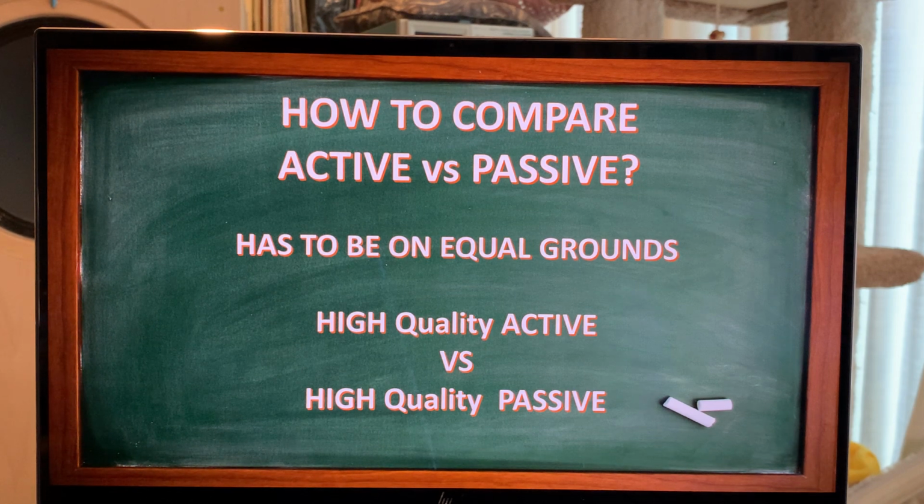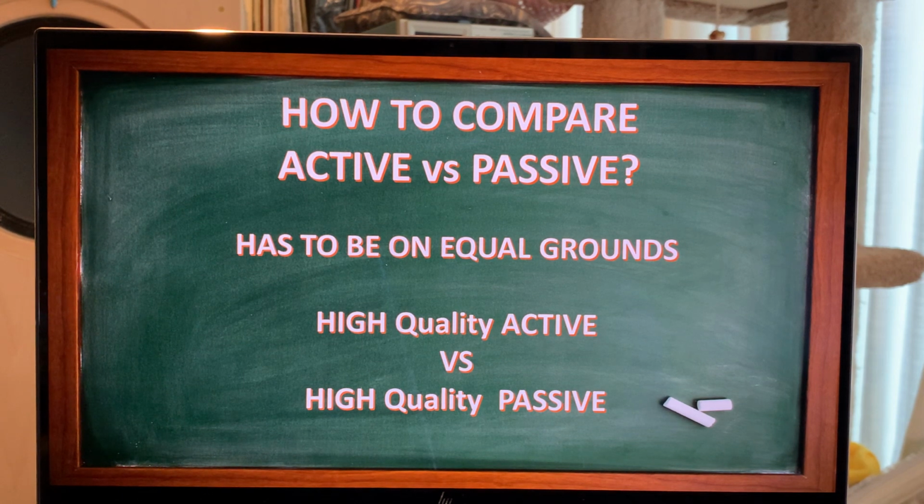To have an accurate picture, you have to compare them on equal grounds. So if you are comparing a high quality active crossover, you need to compare it to a high quality passive crossover, because what that website was doing was comparing a good active crossover versus the worst of passive crossovers.